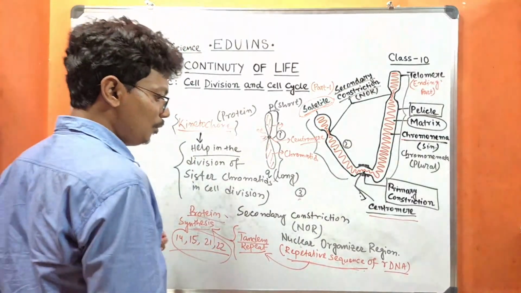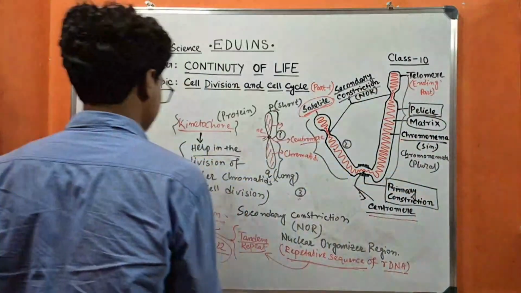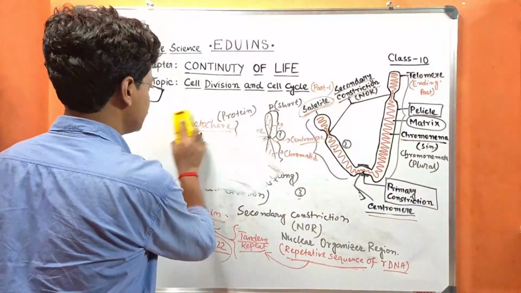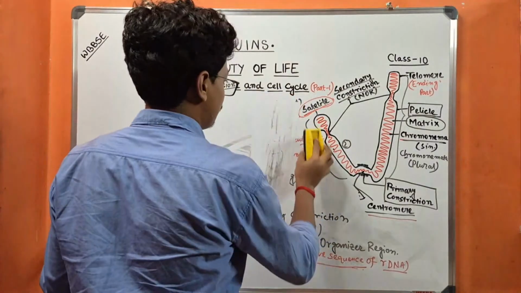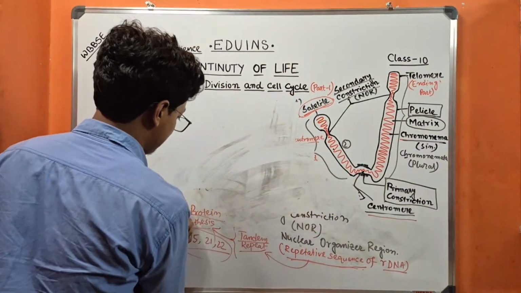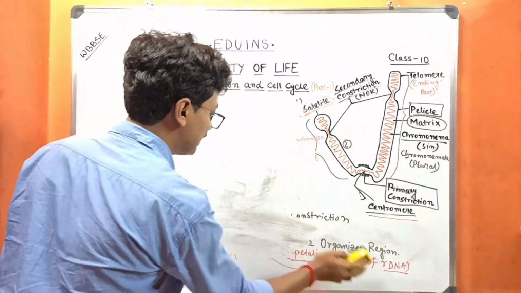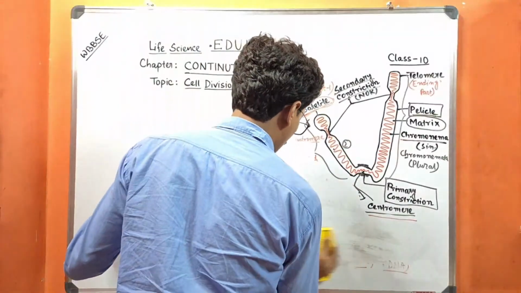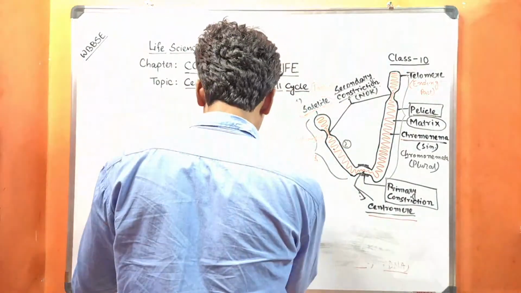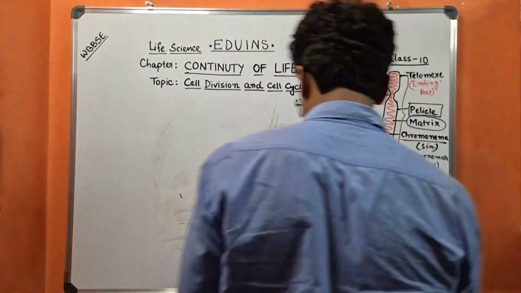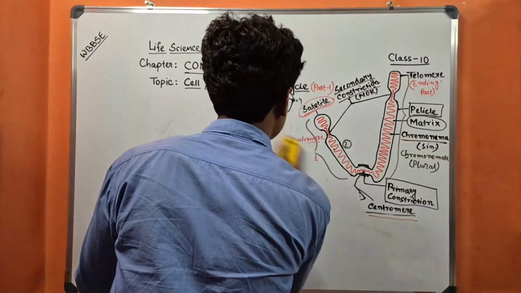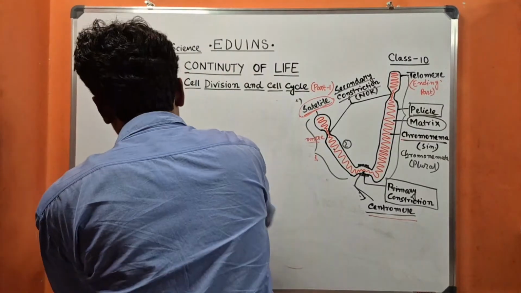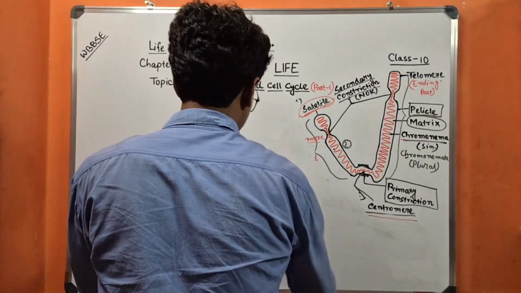Now the chromosome contains the genetic material. So what material does it carry? The genetic material is the DNA and RNA both.